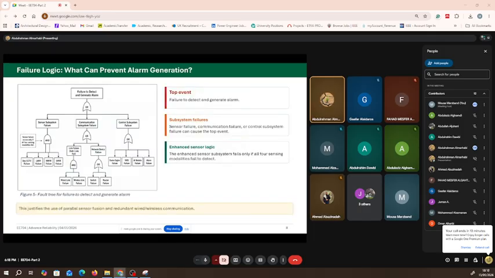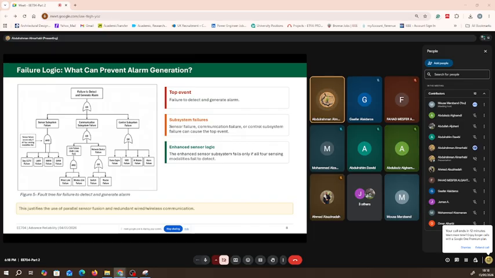This slide shows the fault tree from the top event, failure to detect and generate the alarm. The top event can occur in three major cases: sensor subsystem failure, communication subsystem failure, or control subsystem failure.